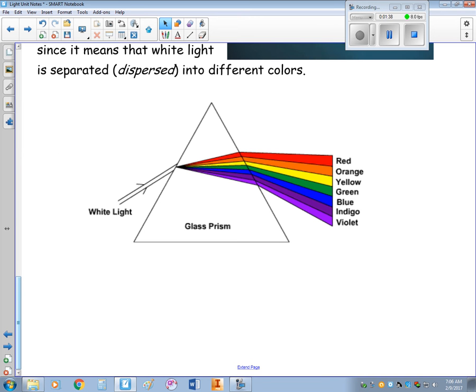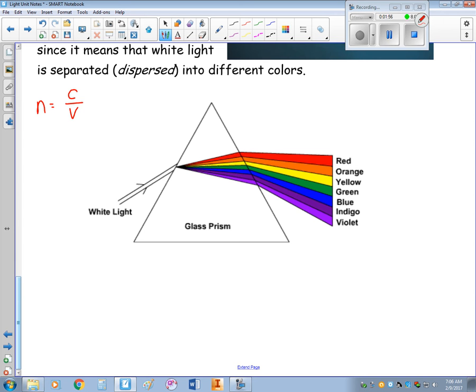So just to give you some examples of this, we can go back to the index of refraction, which, remember, was the speed of light divided by the speed of light inside that material.